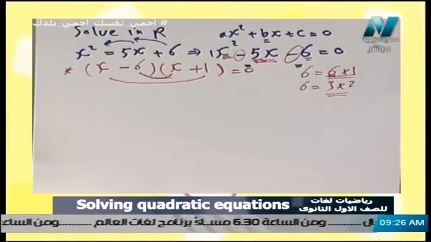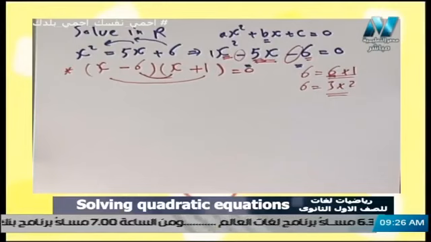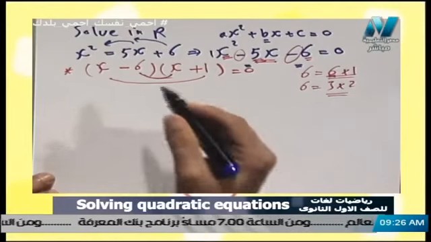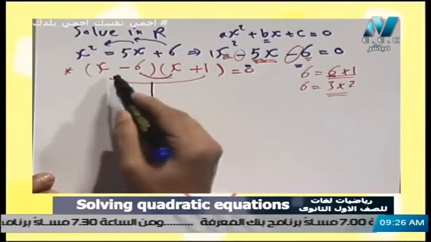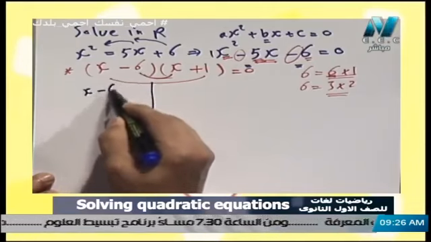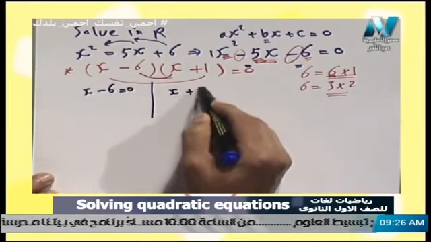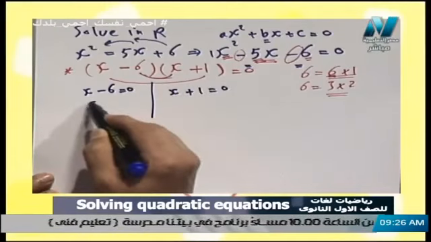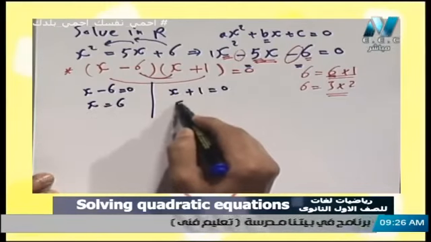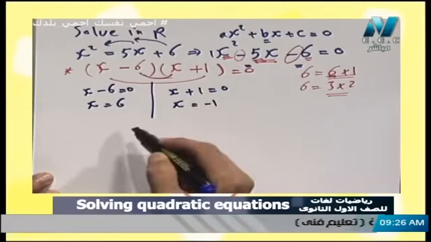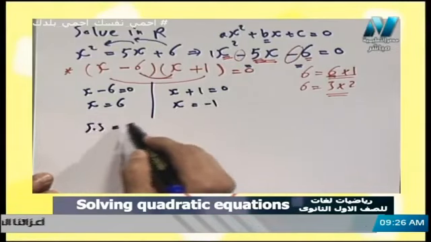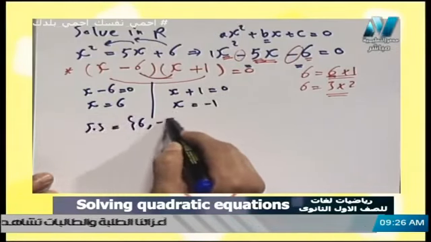So the factorization here is right. To solve this equation, as we know, we put x minus 6 equals 0 and x plus 1 equals 0. So x equals 6 and x equals negative 1. So the solution set here by factorizing equals 6 and negative 1.